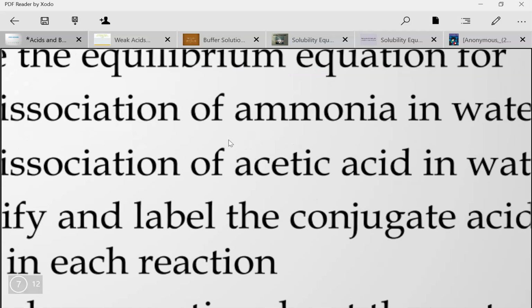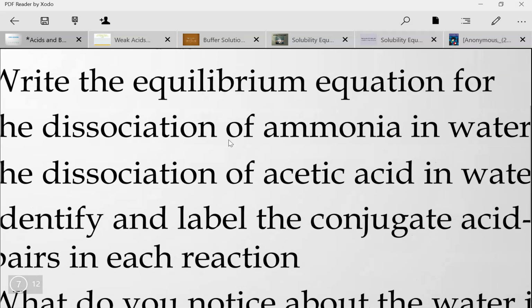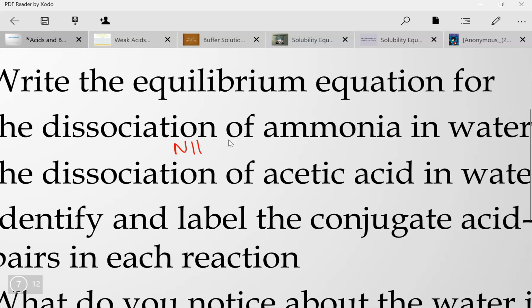So, write equilibrium expressions for dissociation of ammonia in water. So ammonia, NH3 plus water, arrow, NH4 plus and OH minus. So what's happening here is I'm going to write water as HOH instead of H2O because that kind of simplifies what's going on.